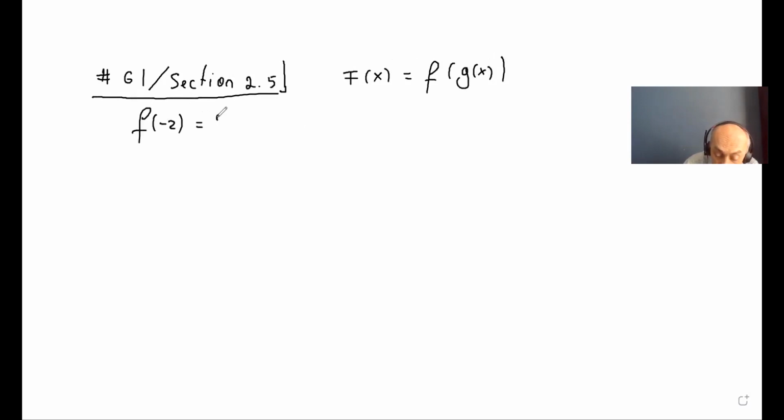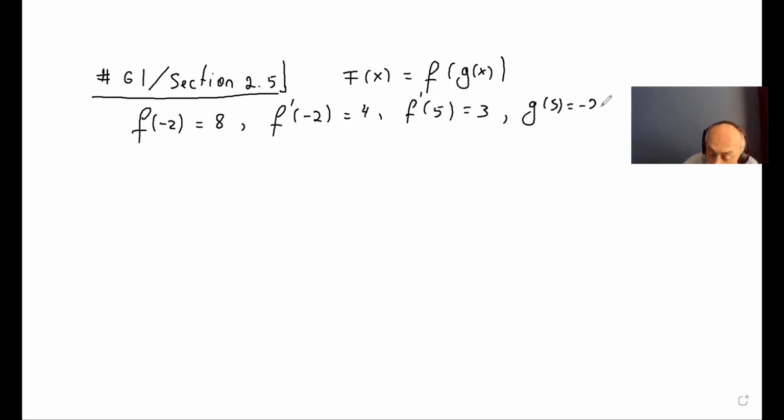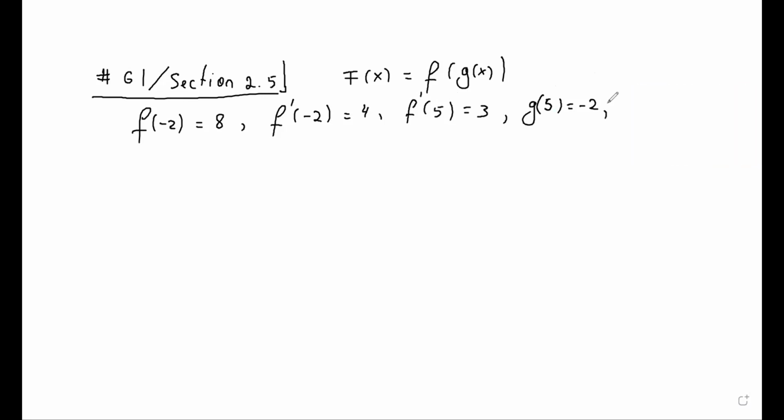They tell us f of -2 is equal to 8, f prime of -2 is equal to 4, f prime of 5 is equal to 3, g of 5 is -2, and g prime of 5 equals 6.